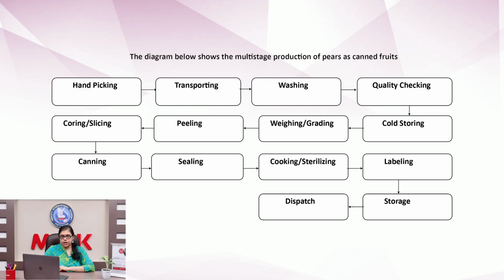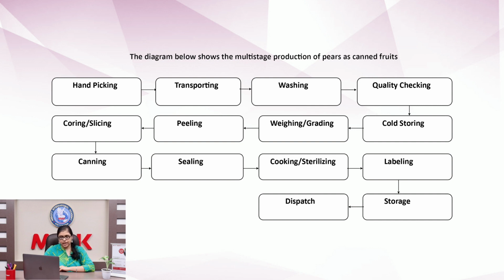Now let's see how we can use these terms in the language. Make sure that all the descriptions are made in the body paragraphs of the diagram. Here, in the beginning, the fresh pears are picked by hand from the farms, then they are transported and washed.